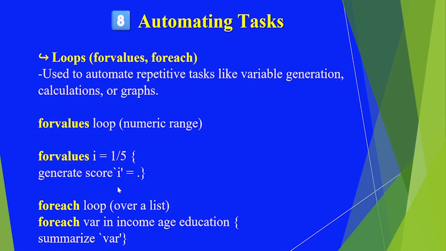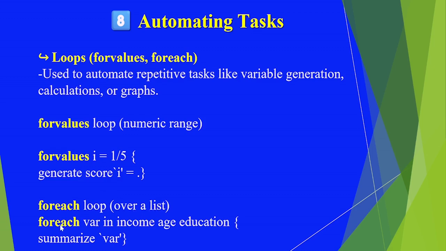And now we have the foreach loop. We've seen forvalues, and you need to understand the difference between forvalues and foreach: forvalues is for a single column or a single item, but foreach is used to loop over a list, which means you can have a number of variables or columns.